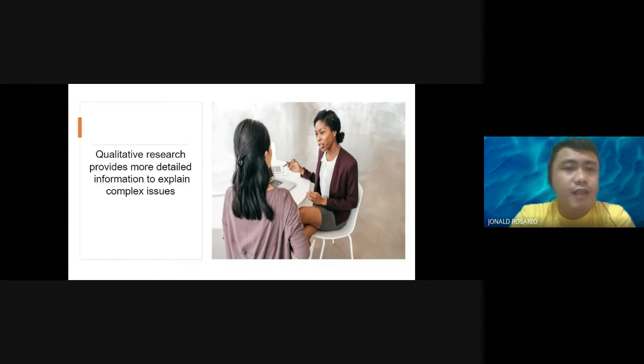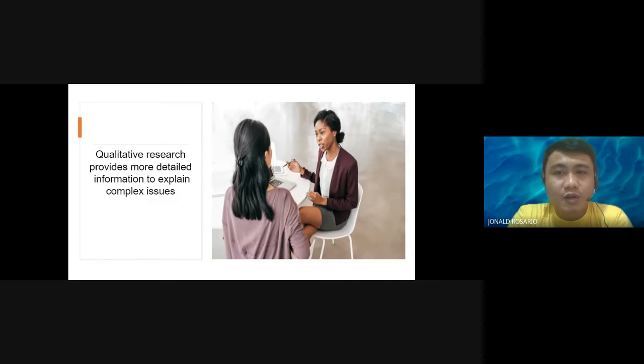Similarly, class, considering information-rich participants as well as utilizing interview and observation as qualitative research instruments, it enables the researcher to gather more accurate data needed in explaining a complex phenomenon.